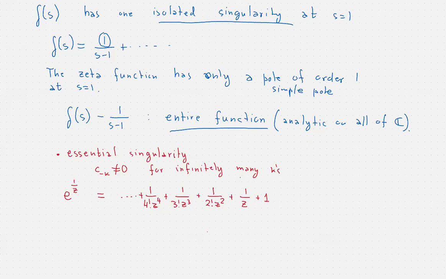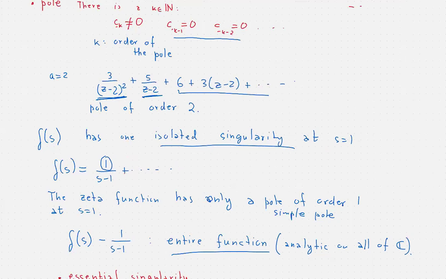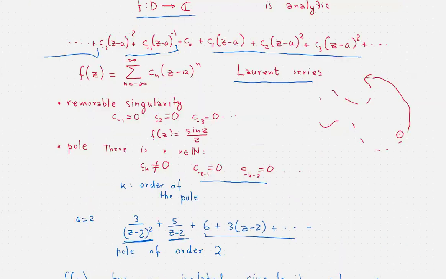It's pretty much the whole set of complex numbers with one possible exception. If you juxtapose this with the other two cases, in the case of the removable singularity, the limit actually exists, so the set of values very close to the singularity is going to be a little disk.